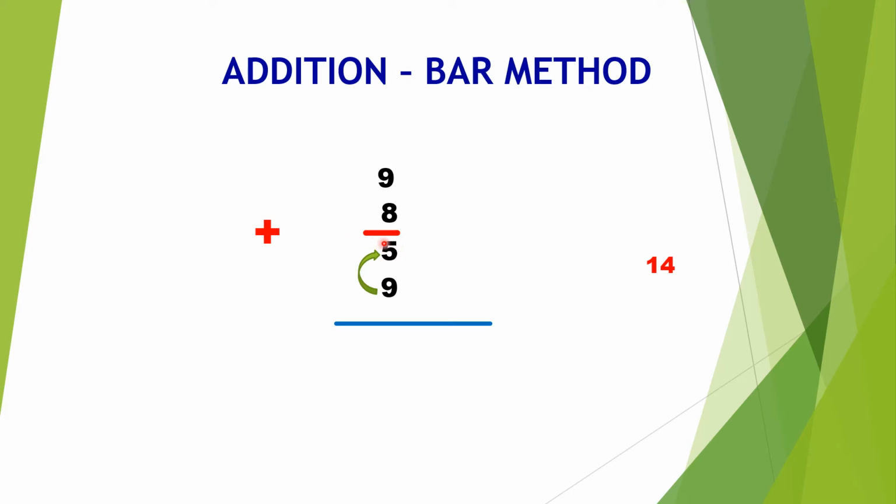Just above that number you draw a bar and 4 you keep in your mind. 4 plus 8, 12. So 12 will represent a bar, 10. So 2 keep in your mind. 2 plus 9, 11. 11 means one more bar, and 1 you write in your answer. So now count how many bars there are. 1, 2, 3, 31. The same sum. I have shown with the arrow marks in the previous slide, but now actually you have to do it in this manner.